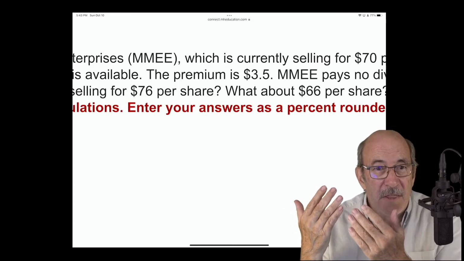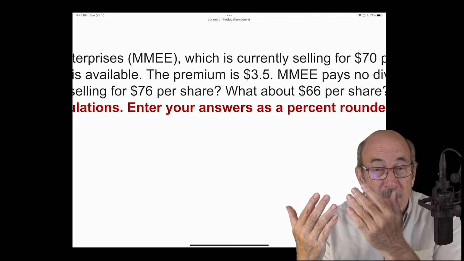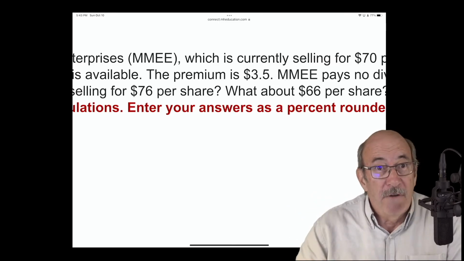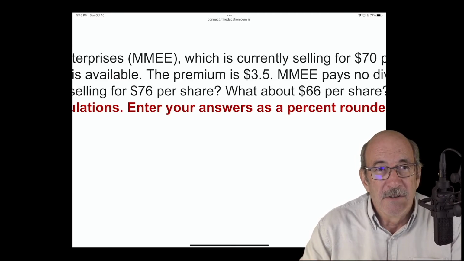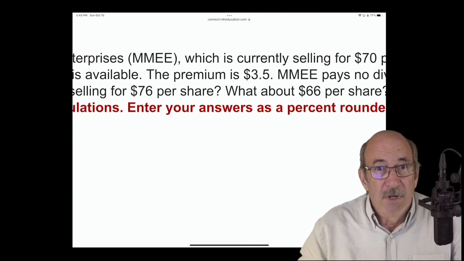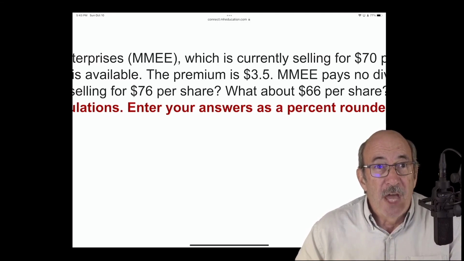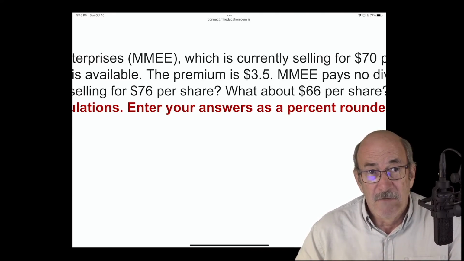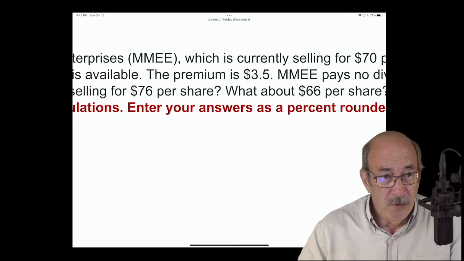If I can buy them at 70 and the market's below 70, I won't even buy them. And at the end of 6 months, my option expires. So I've lost my entire investment, and that's why we're at a negative 100%.